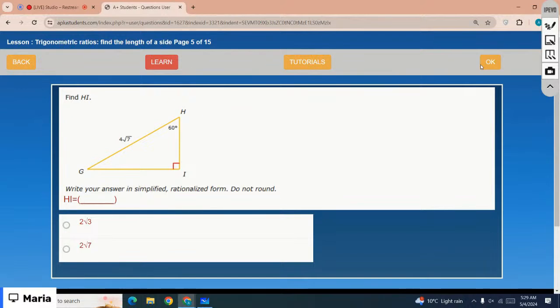The correct option is option number 2, that is 2 square root 7, right? Okay, you can complete the lesson by yourself later today. Let me just move on to next lesson.